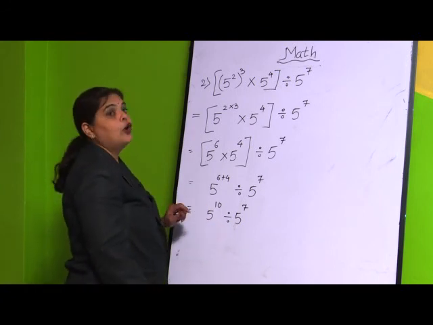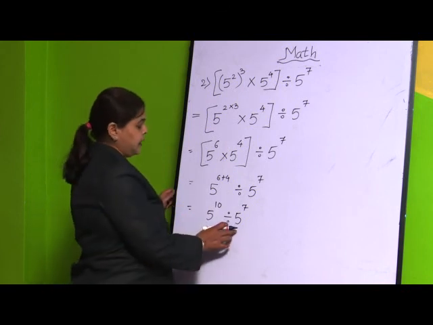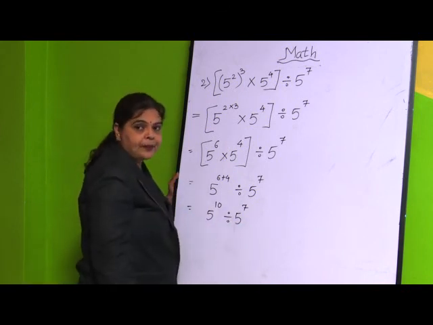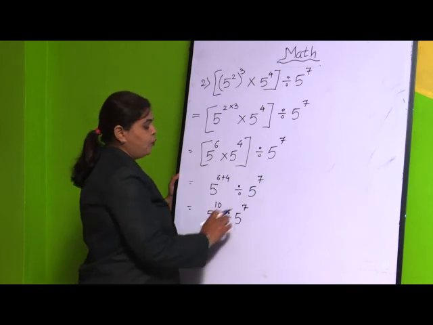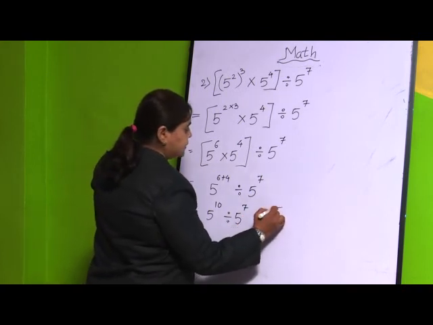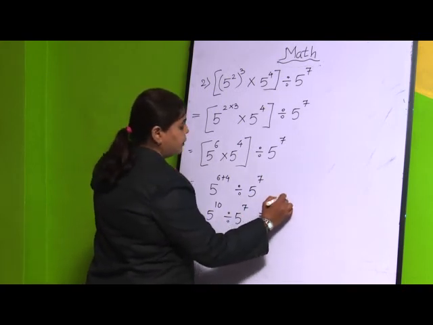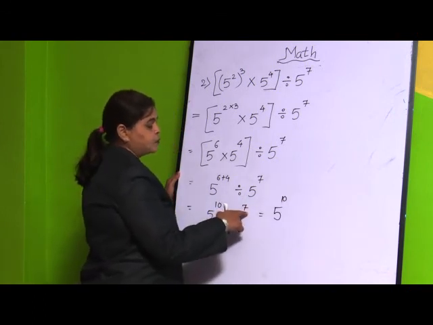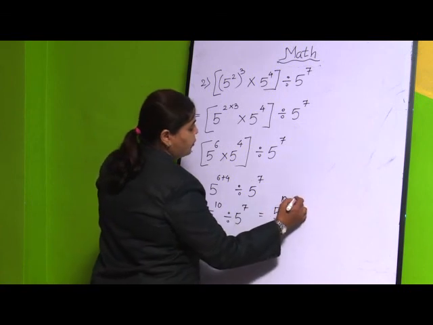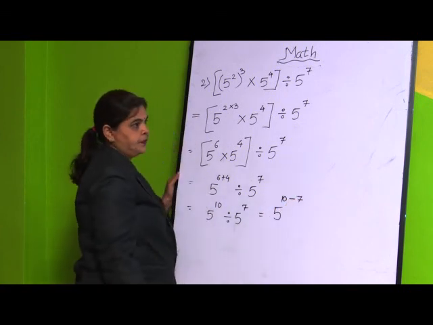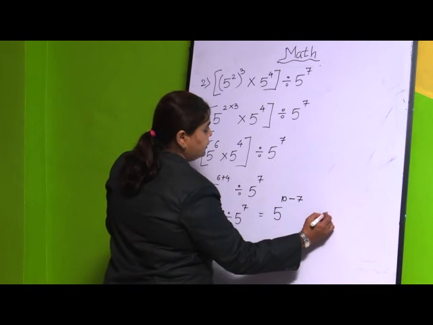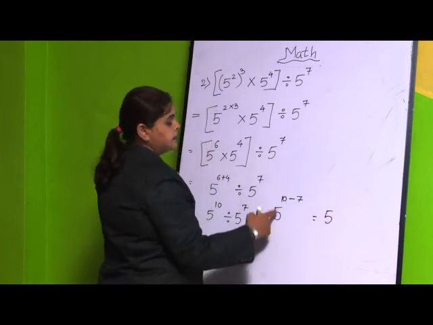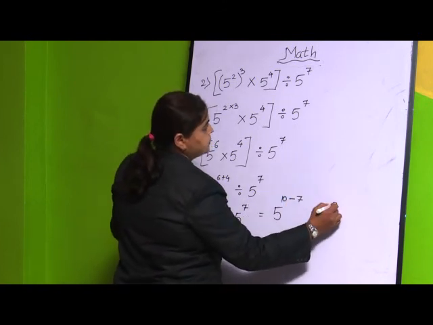You know that when the bases are the same, we have to subtract the powers. So we write 5 to the power of 10 minus 7. Here both bases are same, so 5 base and 10 minus 7 is 3.